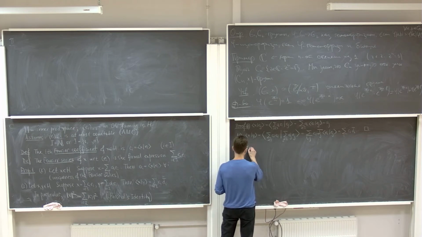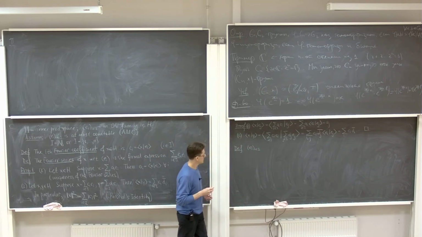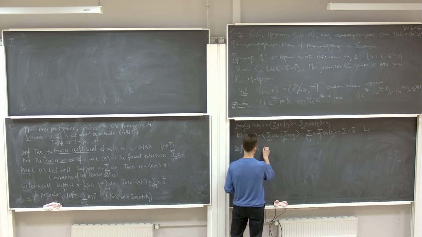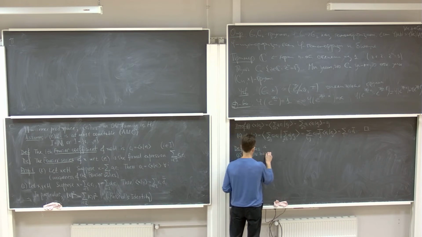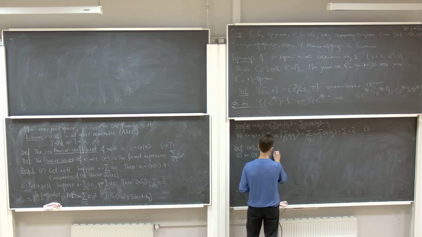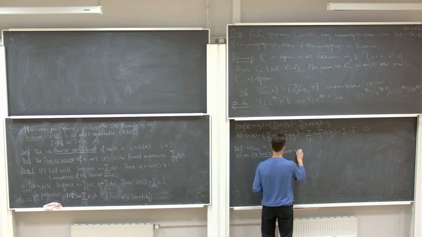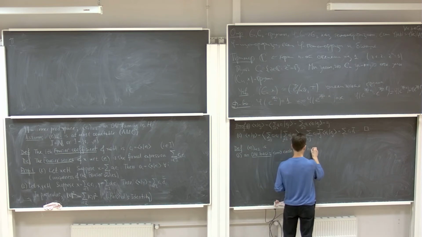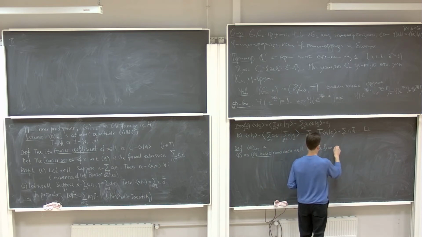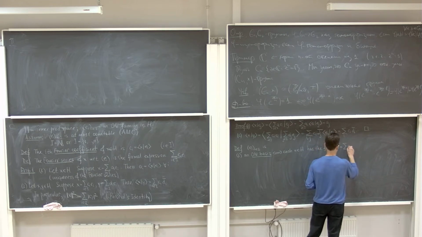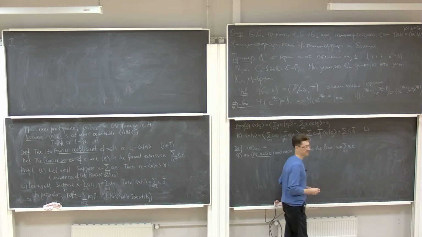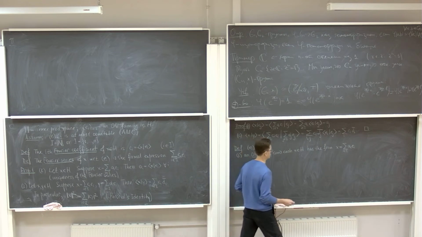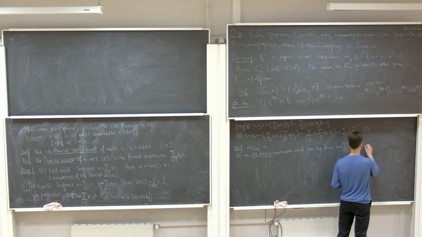We say that our family e_i, so as before, e_i is assumed to be an at most countable orthonormal family, and we say that this family is an orthonormal basis if each element x in our space has the following form, where a_i are just coefficients, complex numbers.